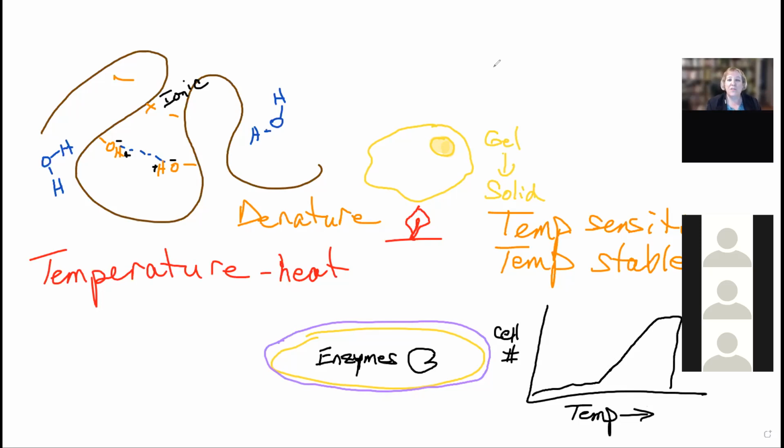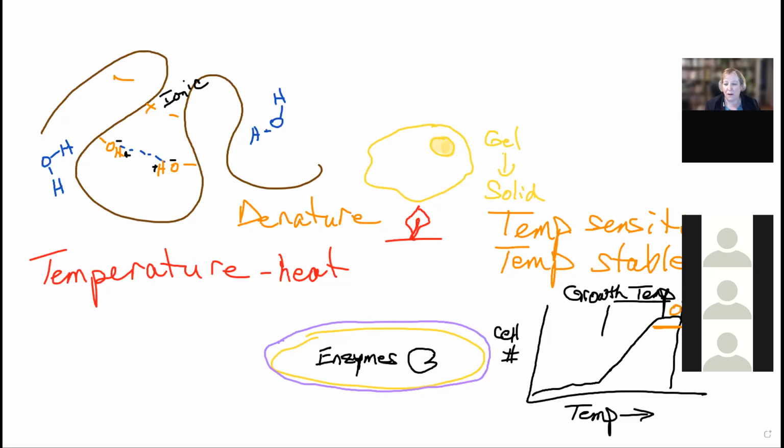So we call this range through here the growth temperature. And right through here, that's the sweet spot.